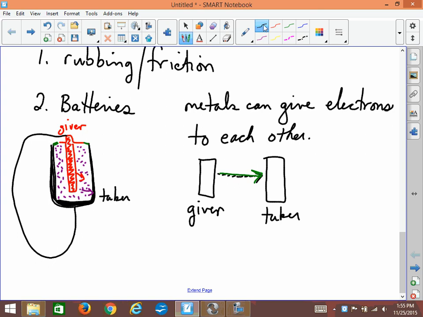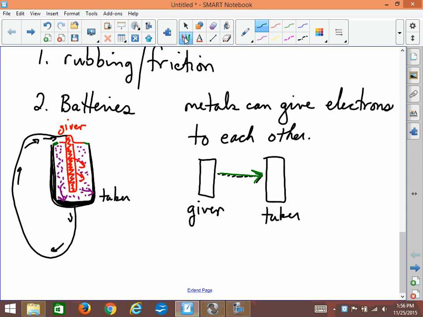Guess what? The electrons will travel from the red giver into the paste, just like I drew. I'll draw another one, into the paste. Then they'll go from the paste into the metal. Then they'll go from the metal into the wire, and they will travel down the wire all the way around until they come back to where they started, and they will actually make an electric circuit. Remember in grade 9. They will keep on going.